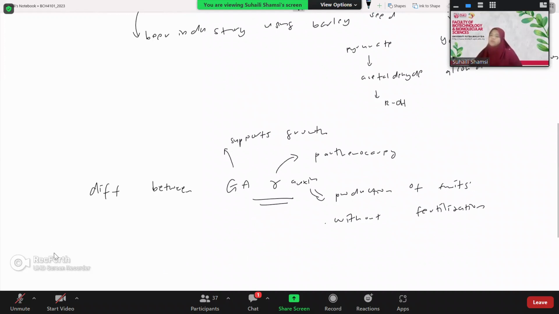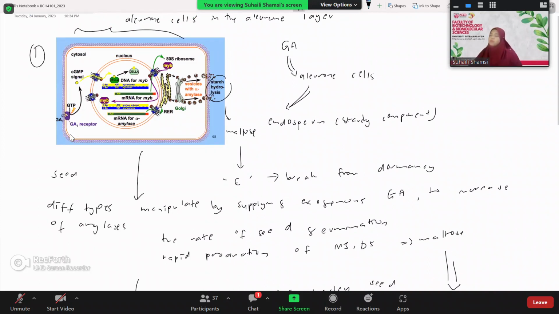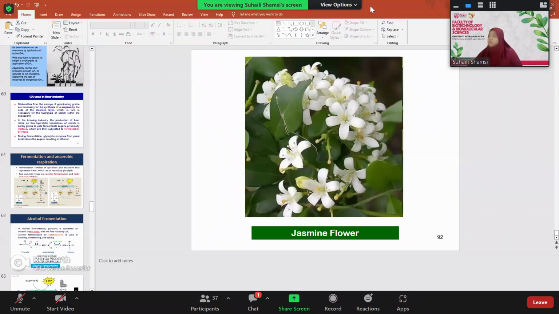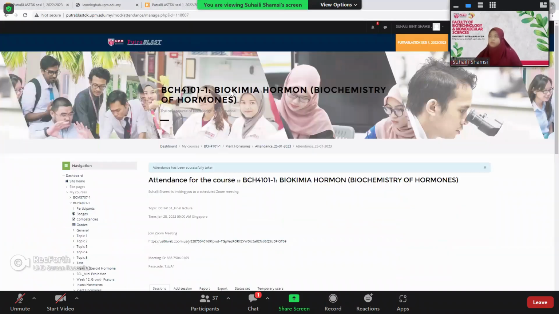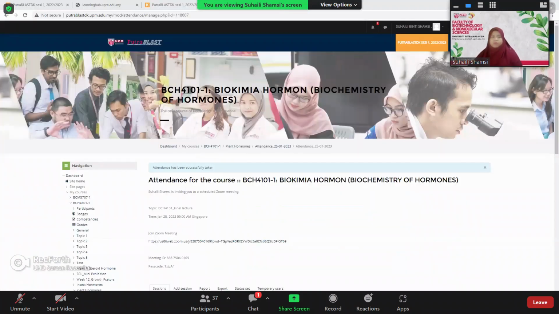And then we have looked into another hormone, a cytokinin hormone. Why is it called cytokinin? It supports cell division, right? You can refer to the section notes on how it supports cell division.